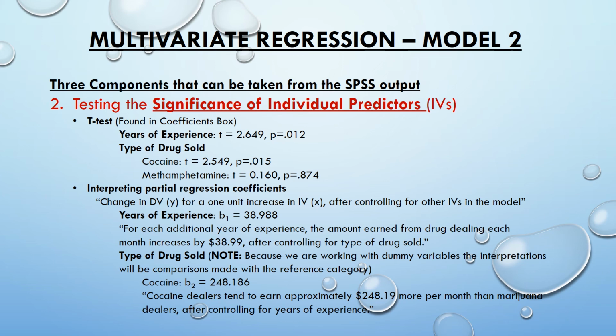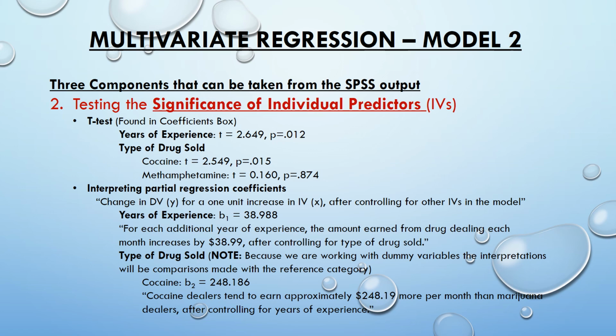But just to give you a glimpse into it, if we look at the bottom of this slide where I say type of drug sold, you'll see I make that note about what I spoke to, which is that because we are working with dummy variables, the interpretations will be comparisons made with a reference category.